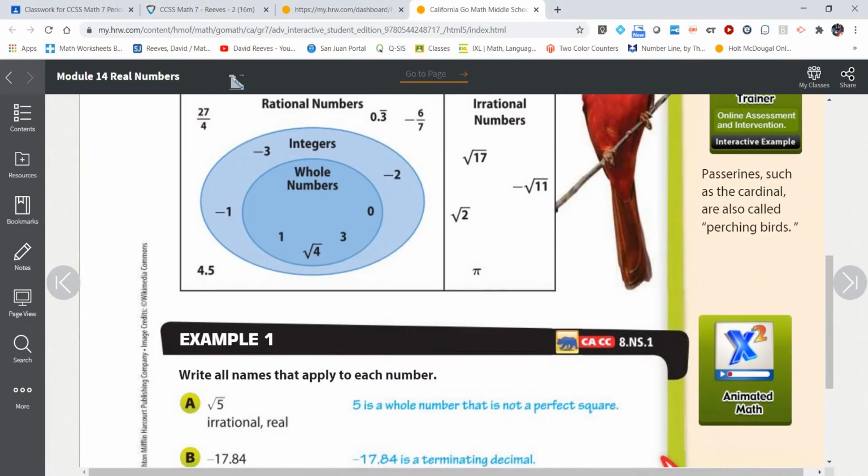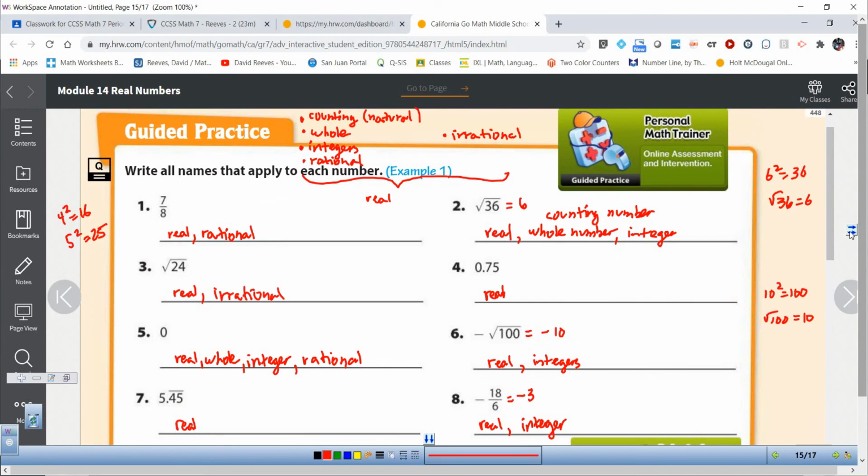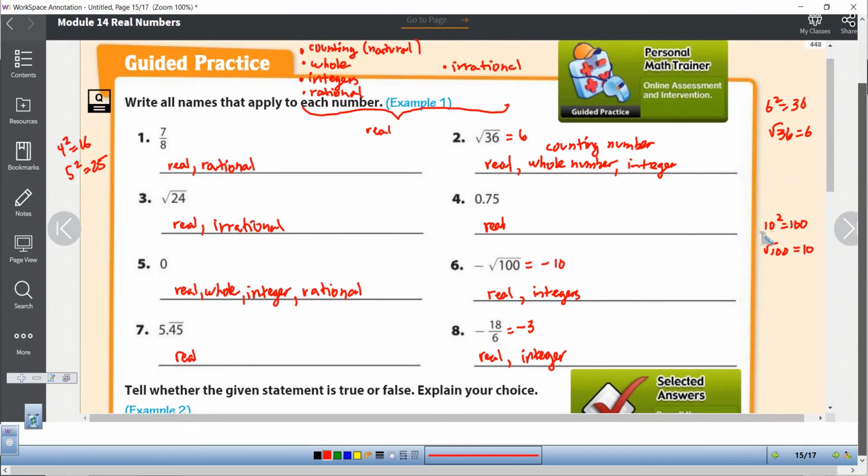Okay, so if we go back to where we were, once I know it's a counting number, then I automatically know it's a whole number, integer, rational, and real. Once I know it's an integer, I know it has to be rational and real.